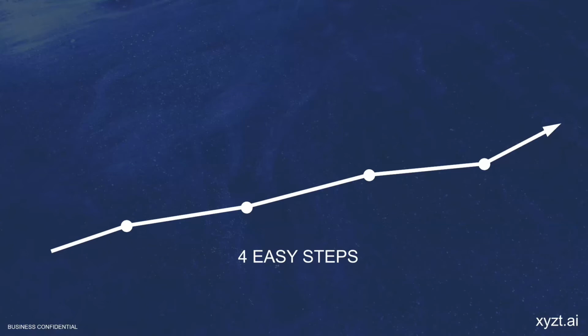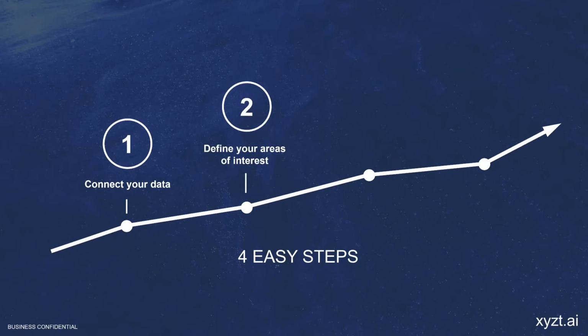So how does the platform work? It works in 4 easy steps. In the first step, you connect your data. You do it by drag and dropping CSV files, or you use an API to push the data to the platform. We structure the data, we manage the data, and then it becomes available for analysis. And the analysis typically starts with defining your areas of interest, whether it's a highway, whether it's a neighborhood in a city, whether it's an anchorage zone close to a port.